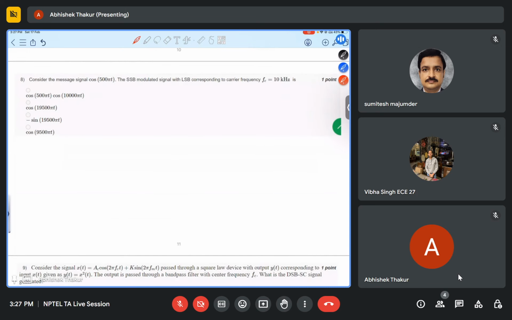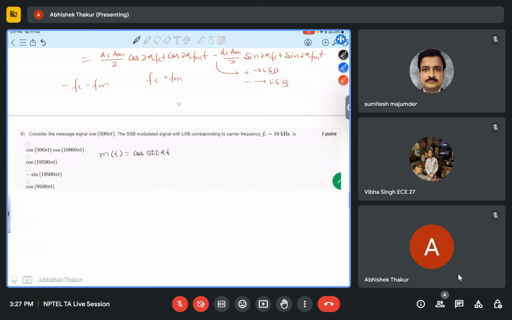Now consider the message signal m(t) is given as cos of 500 pi t. The single sideband modulated signal with lower sideband corresponding to carrier frequency fc equal to 10 kilohertz.